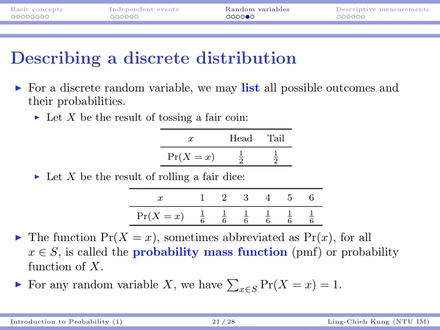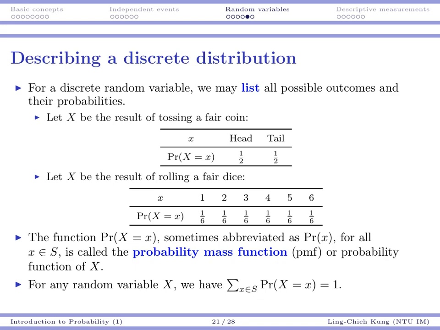For a discrete random variable, we will first list all the possible outcomes and then for each outcome the probability. So if I say x is the result of tossing a coin, then possible values may be head or tail.